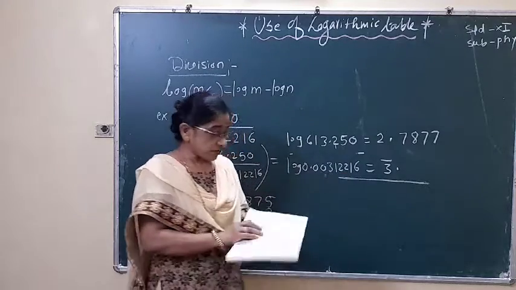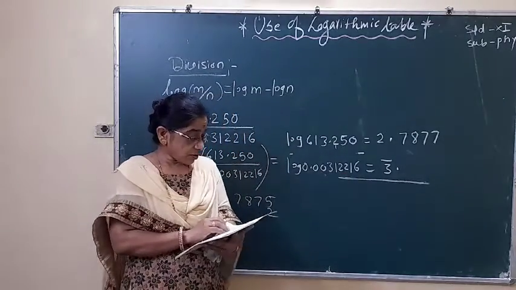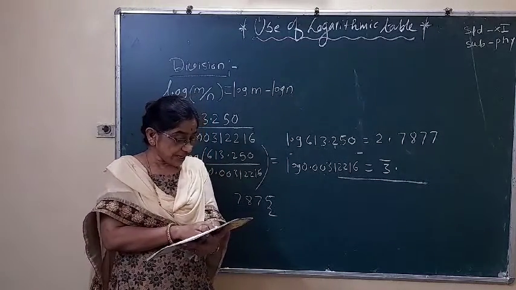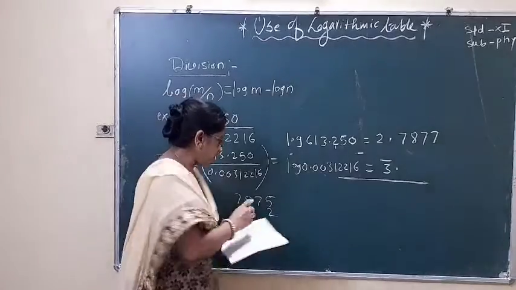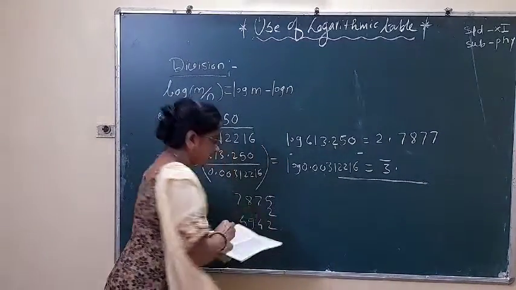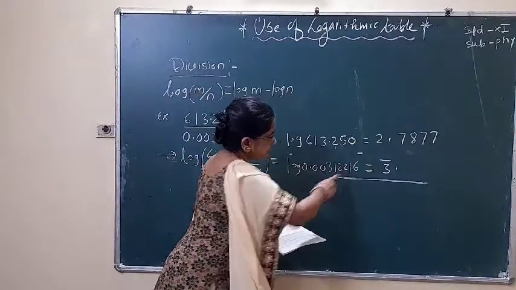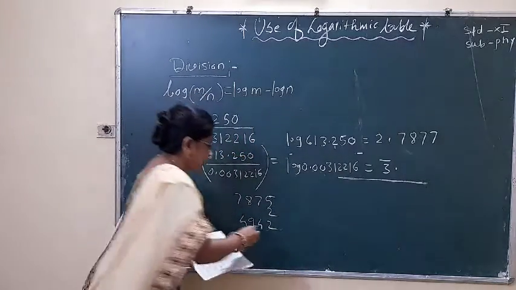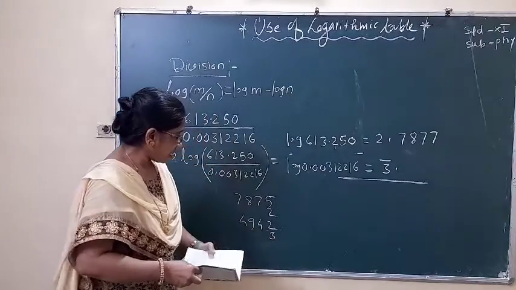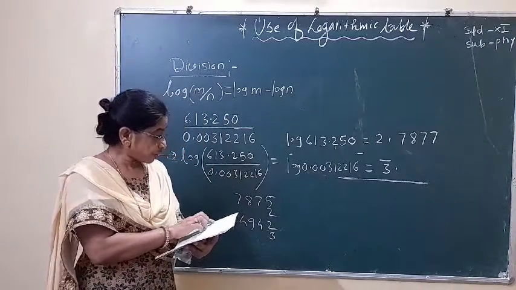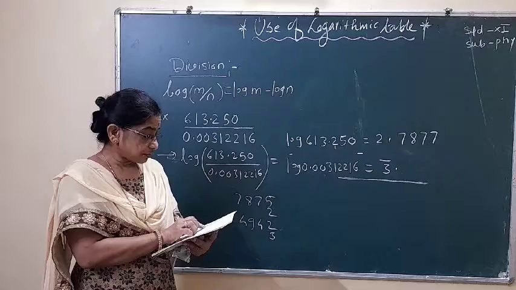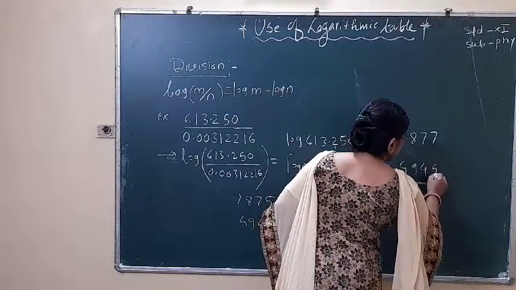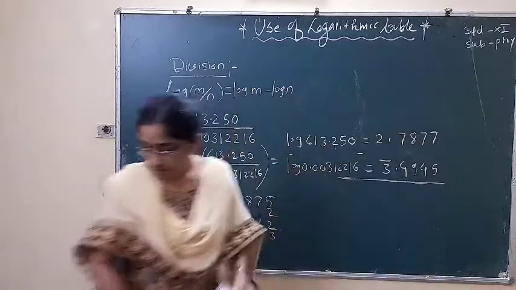See the log of 31 in 2: here it is 4942, and the mean difference of 31 in 2 is 3. So 4945. Take the subtraction of this.